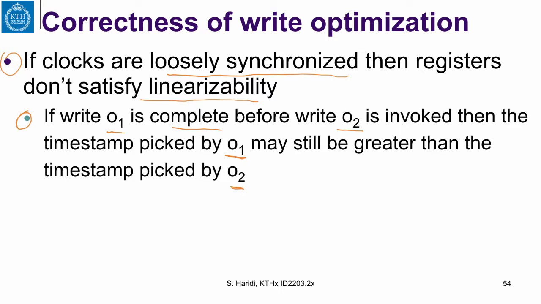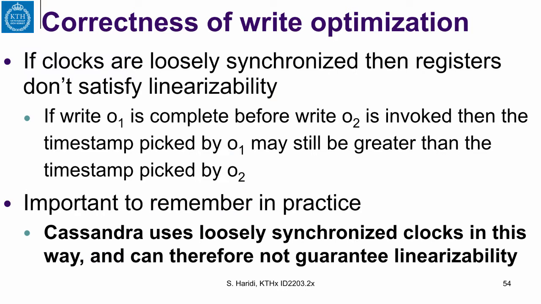And that will mean that O2 will be ordered before O1, and that of course violates linearizability. So important to remember in practice that many key value stores actually use the notion of loosely synchronized clocks. For example, Cassandra uses loosely synchronized clocks in the way that I just mentioned. And therefore, in systems like that, we cannot guarantee linearizability.